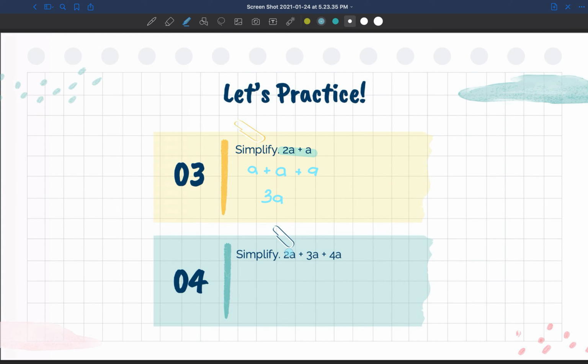Looking at number 4, it says simplify 2a plus 2 times a plus 3 times a plus 4 times a. If we were to simplify this, we would have a plus a, because 2 times a, plus 3 times a, which would be a plus a plus a, plus 4 times a, which would be a plus a plus a plus a.